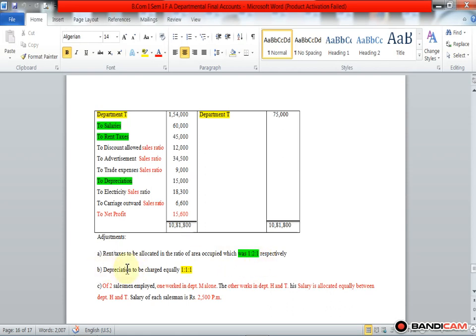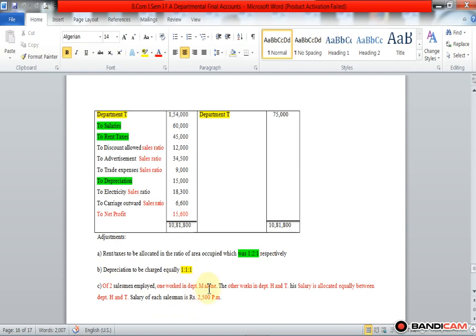Second adjustment: depreciation to be charged equally between the departments H, M, T. So equally, the ratio is 1:1:1. The last adjustment of this problem: two salesmen are employed.